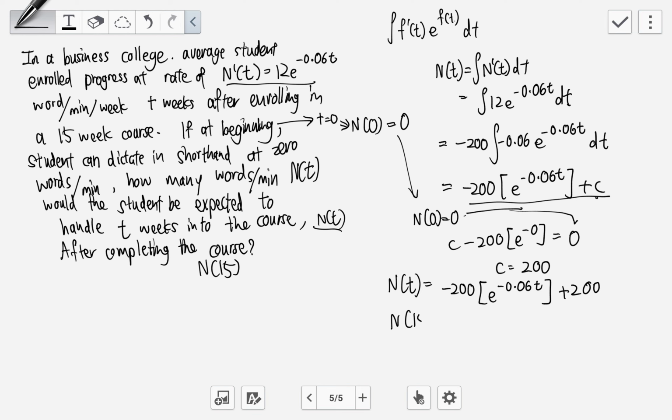So what about N(15)? When they complete the 15-week course, that would be minus 200 e to the, this is quite strange, because I don't expect this to be a negative number.